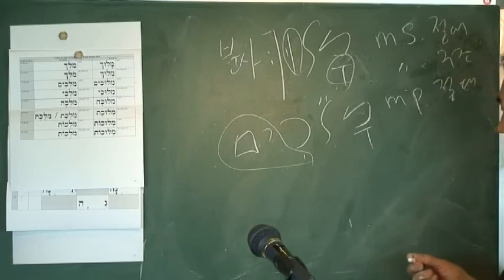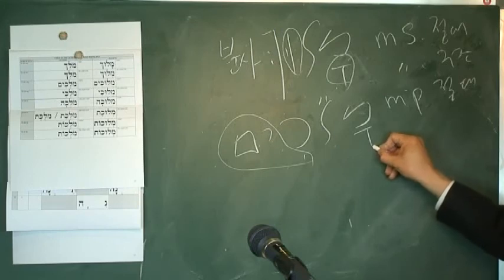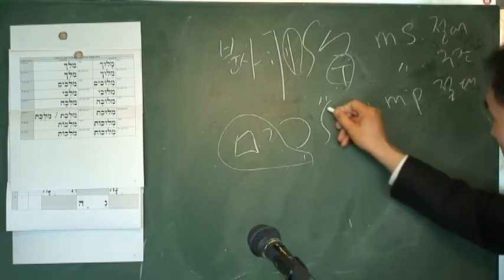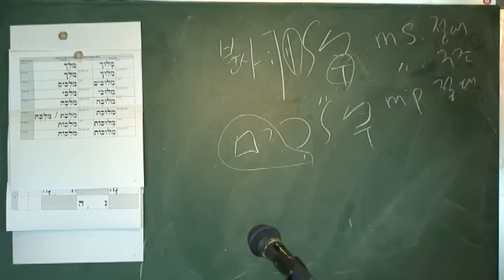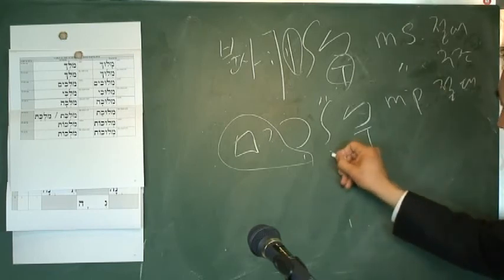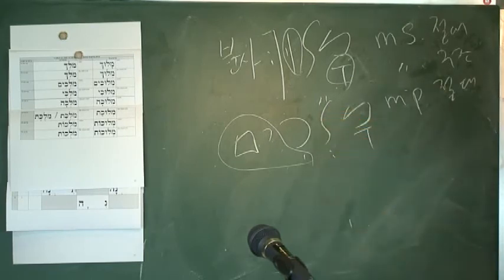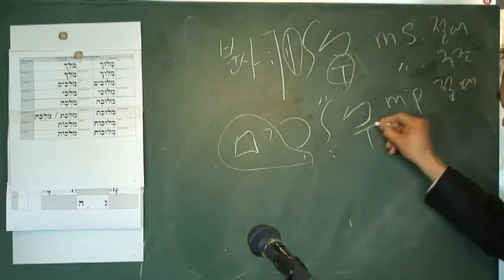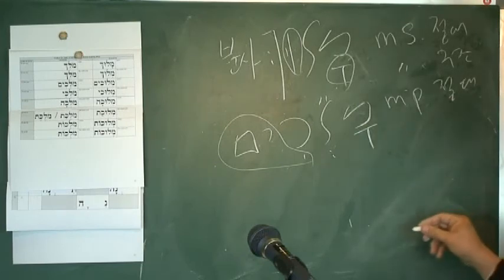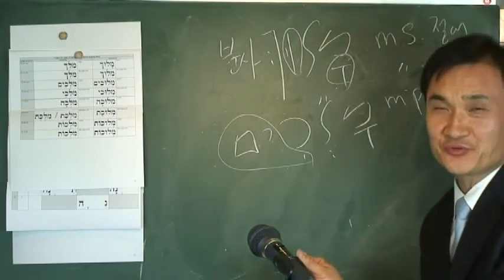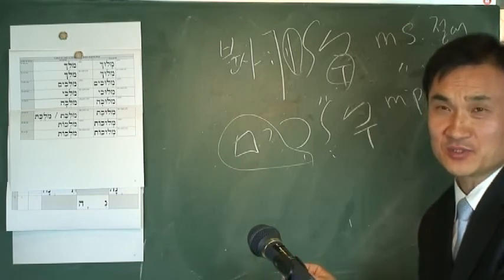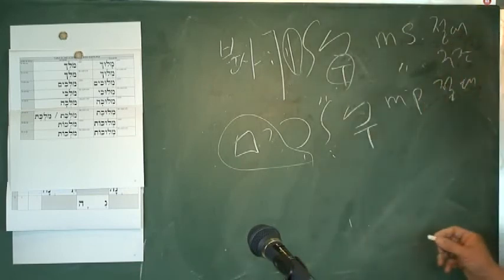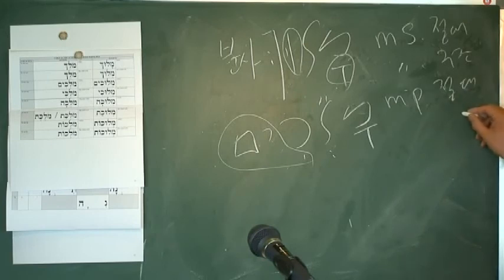Here you can see that a remains, but u has disappeared. Thus, in the passive participle, a does not change, but u can change. Therefore, when we discover the a sound in kamets, we will discover the passive form of participles.